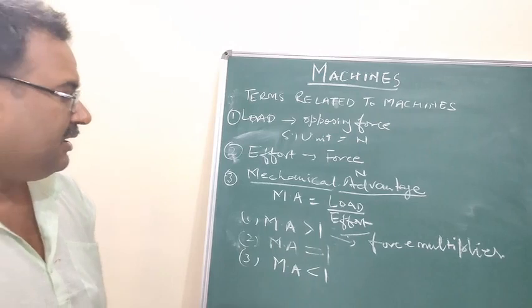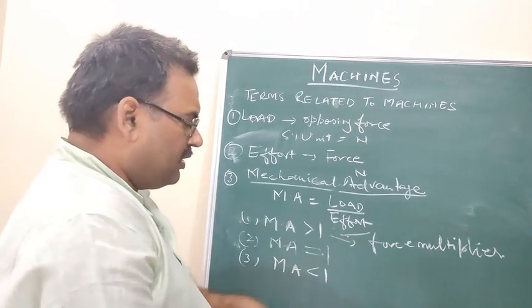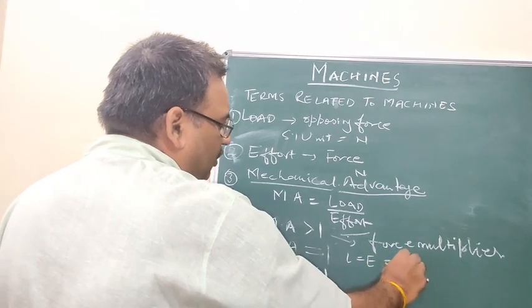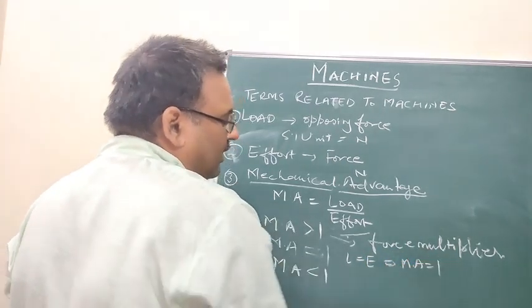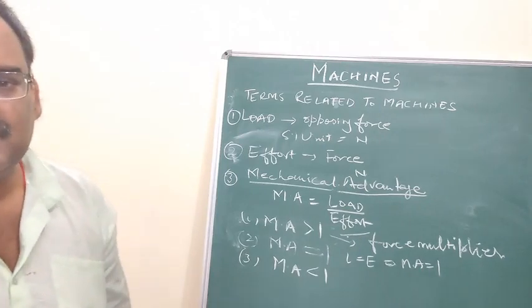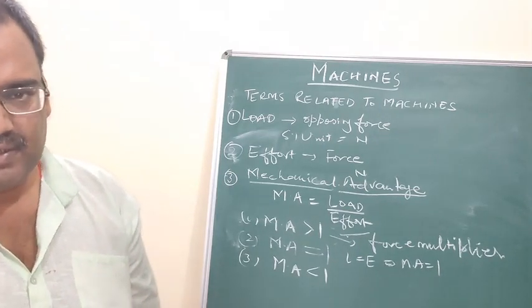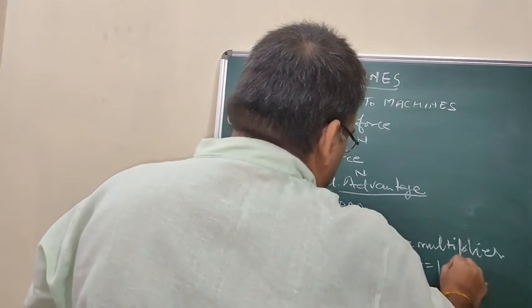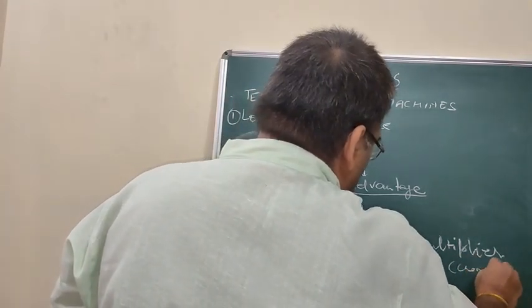Second one, if load is equal to effort, then MA will be equal to 1. It is used for changing the direction of the effort applied.